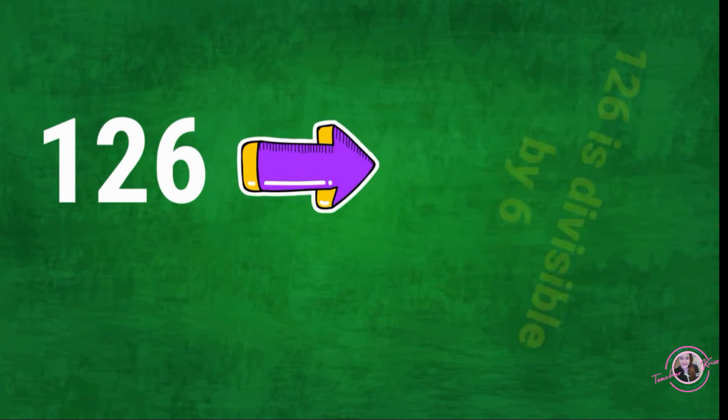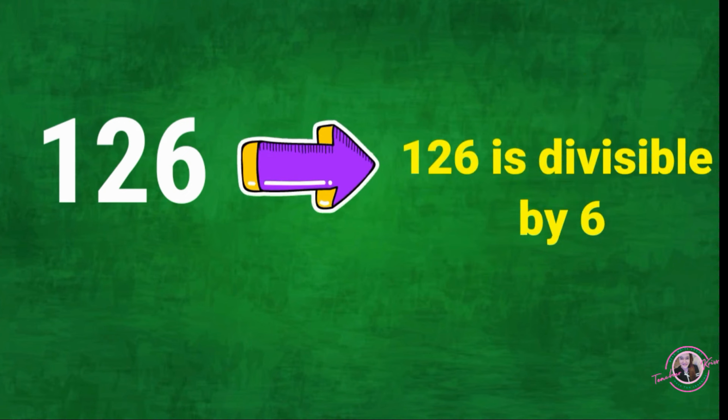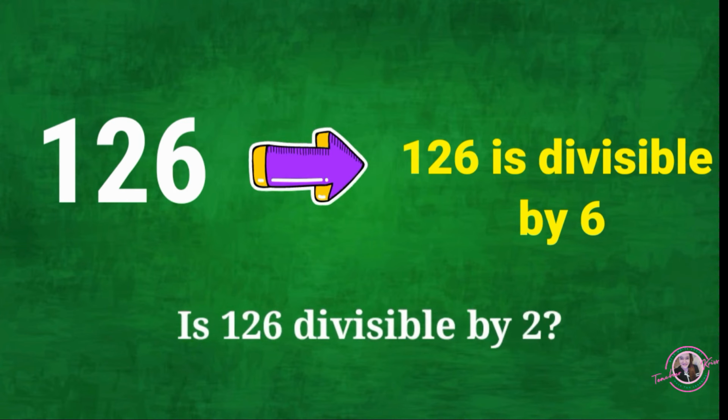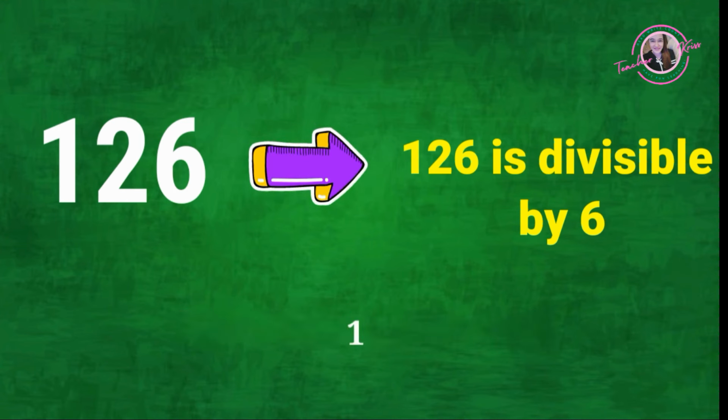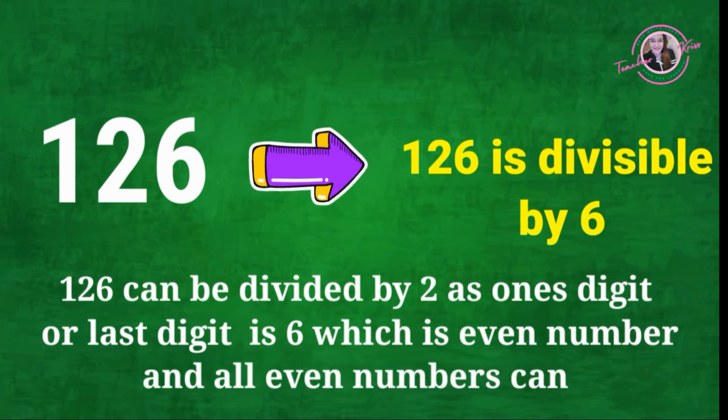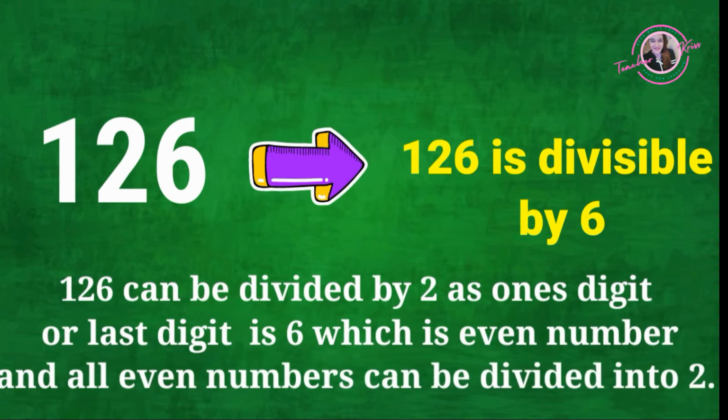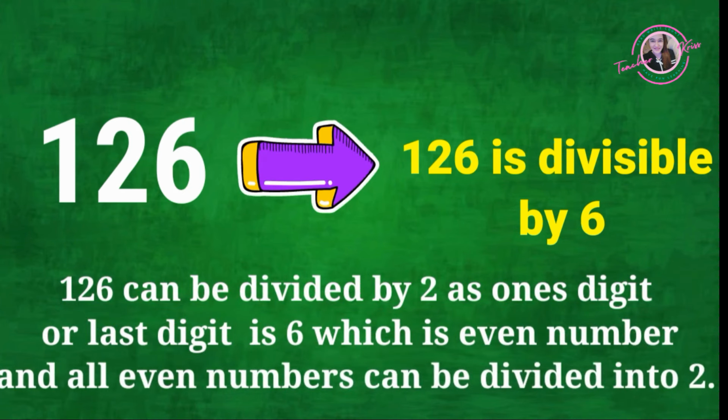Alright, 126 is divisible by 6. Let's check why. 126 can be divided by 2 as the ones digit or the last digit is 6, which is an even number, and all even numbers can be divided by 2.